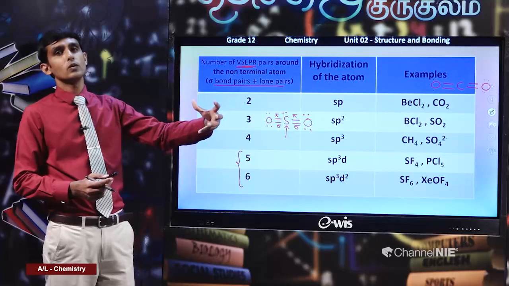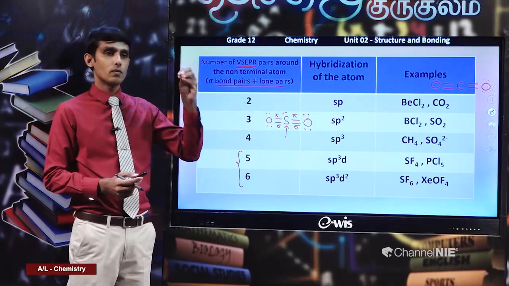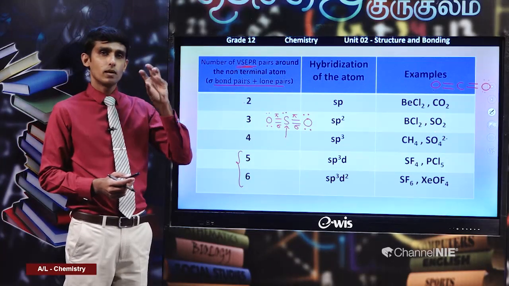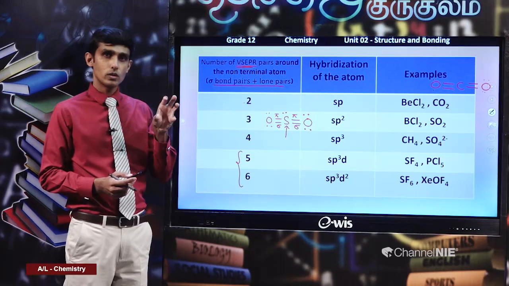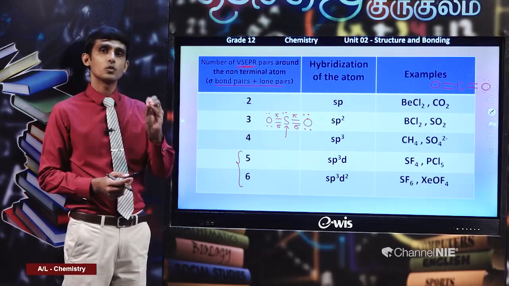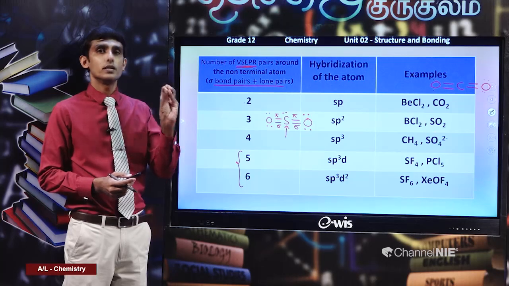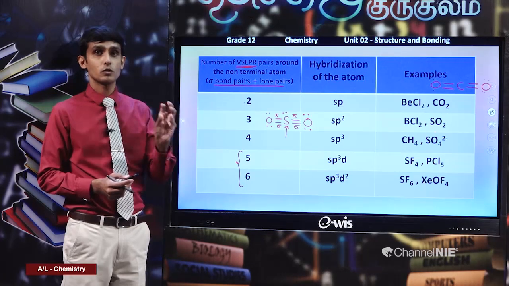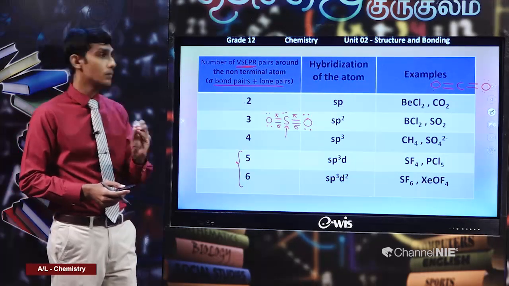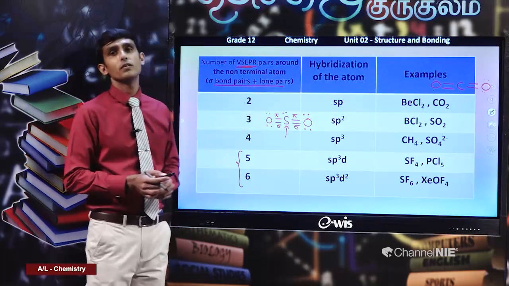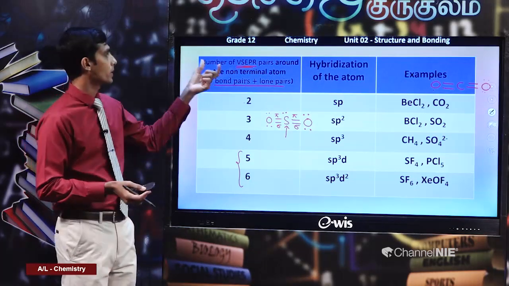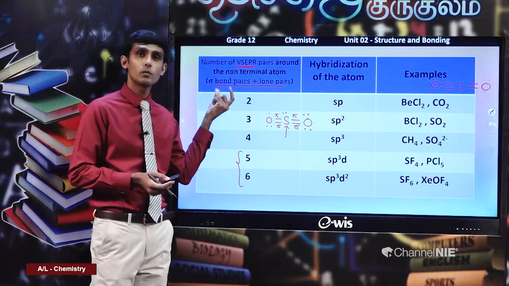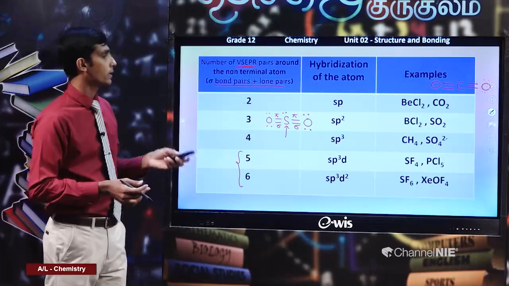Whenever a molecule or ion is given, once the Lewis structure is drawn for any atom, you should be able to deduce the hybridization. You should be able to state the hybridization of the particular atom based on the number of VSEPR pairs. VSEPR pairs means basically the number of sigma bond pairs and lone pairs around that particular atom.